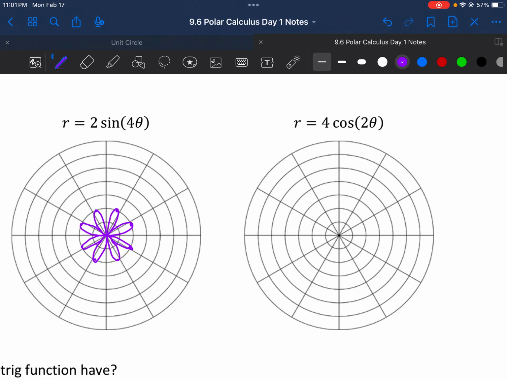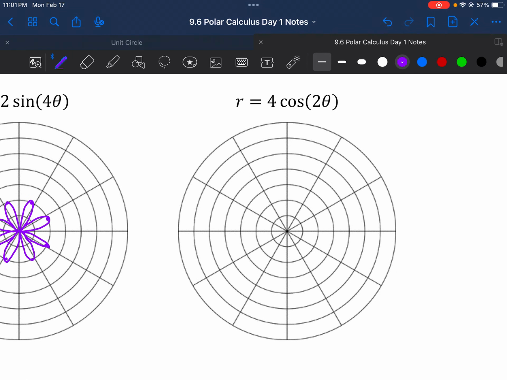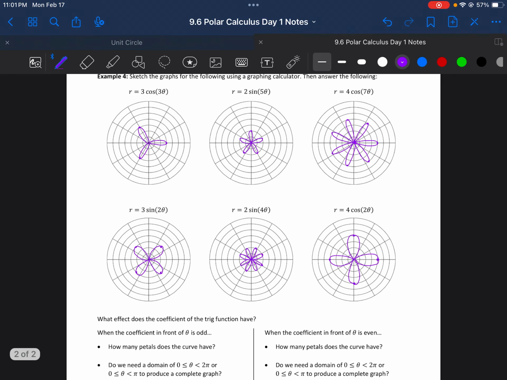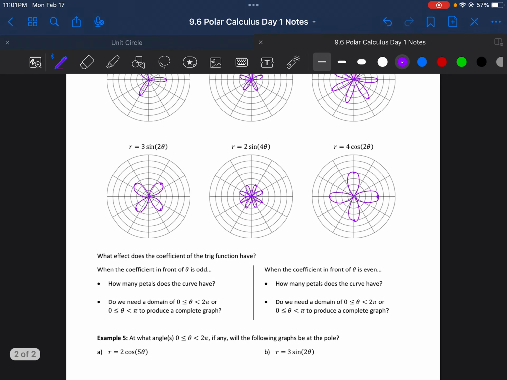And then 4 cosine of 2 theta. Okay. So, hopefully you went through and graphed those. You get something similar to what I have here.